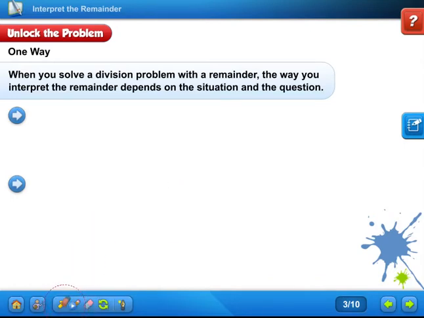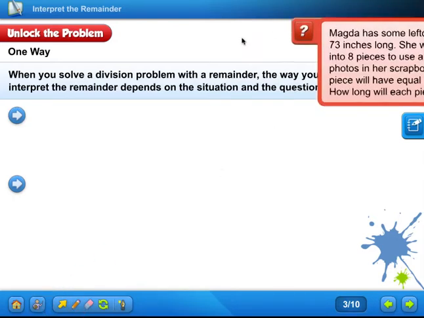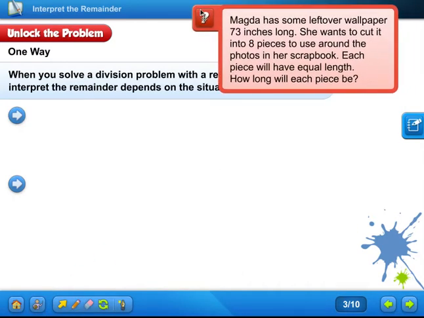Let me pull out the problem right here. Okay, Magda has some leftover wallpaper, 73 inches long. She wants to cut it into 8 pieces to use around the photos in her scrapbook. Each piece will have equal length.